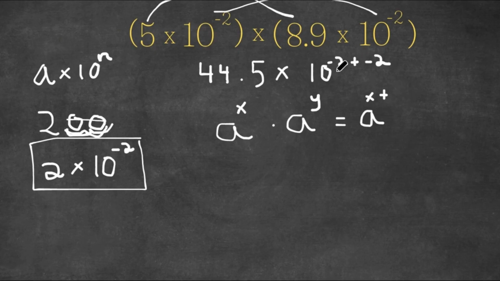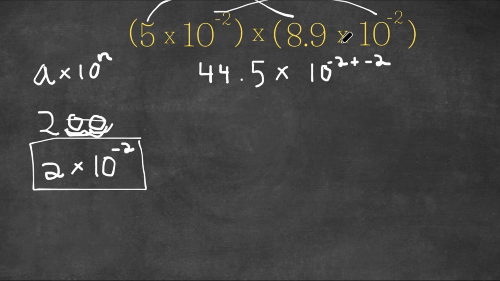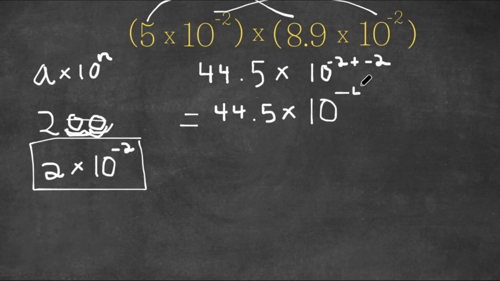So that's exactly what we did with 10 to the power of negative 2 and 10 to the power of negative 2. Now this would equal 44.5 times 10 to the power of negative 2 plus negative 2, which is negative 4.